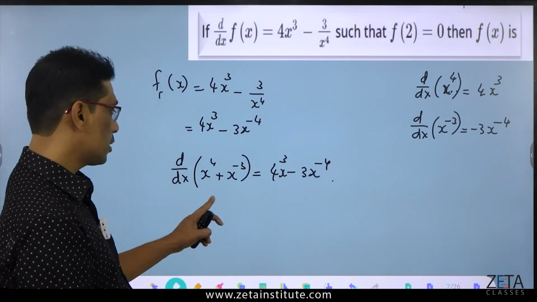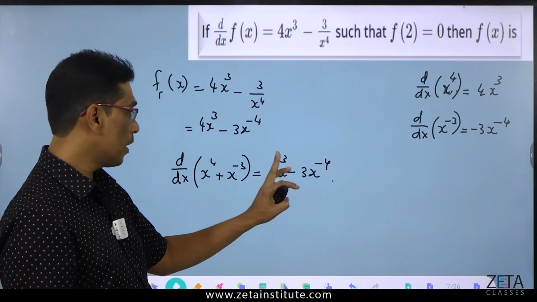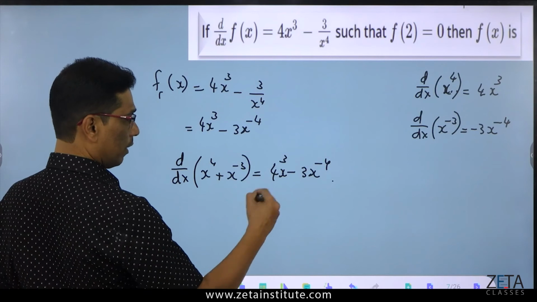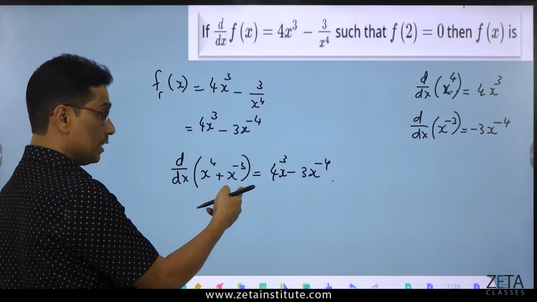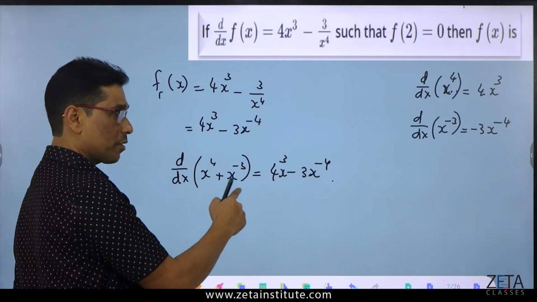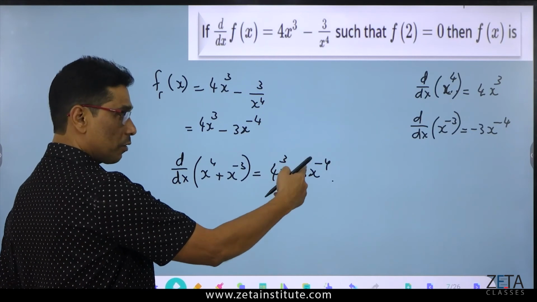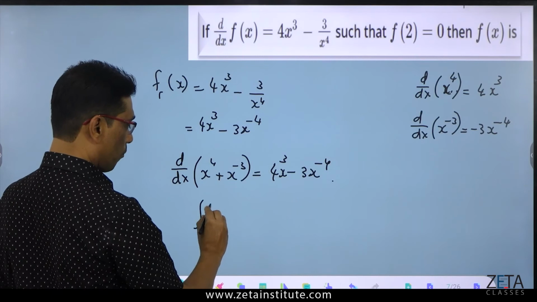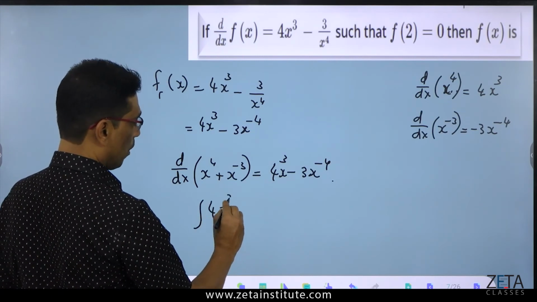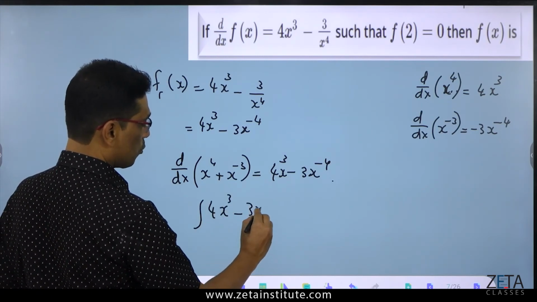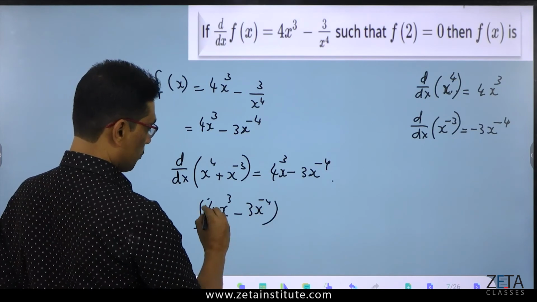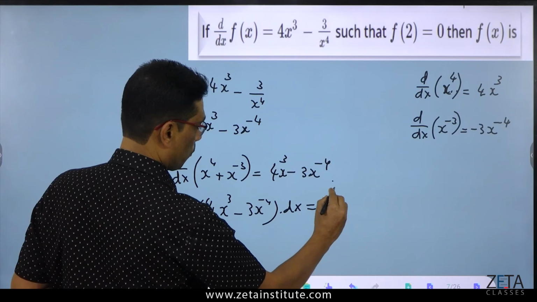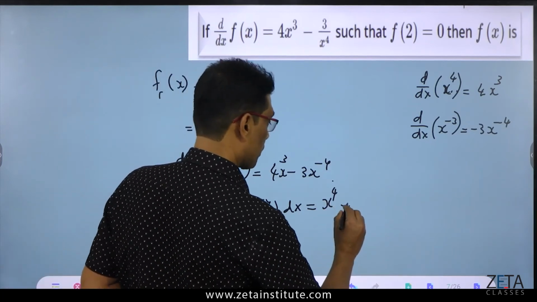If you differentiate the function, you will get this; if you are integrating, it is the reverse. Differentiation of F(x) gives f(x), or integration of f(x) is equal to capital F(x). So capital F(x) is the integration part. That means the integration of 4x cube minus 3x raised to minus 4 dx is equal to x raised to 4 plus x raised to minus 3.